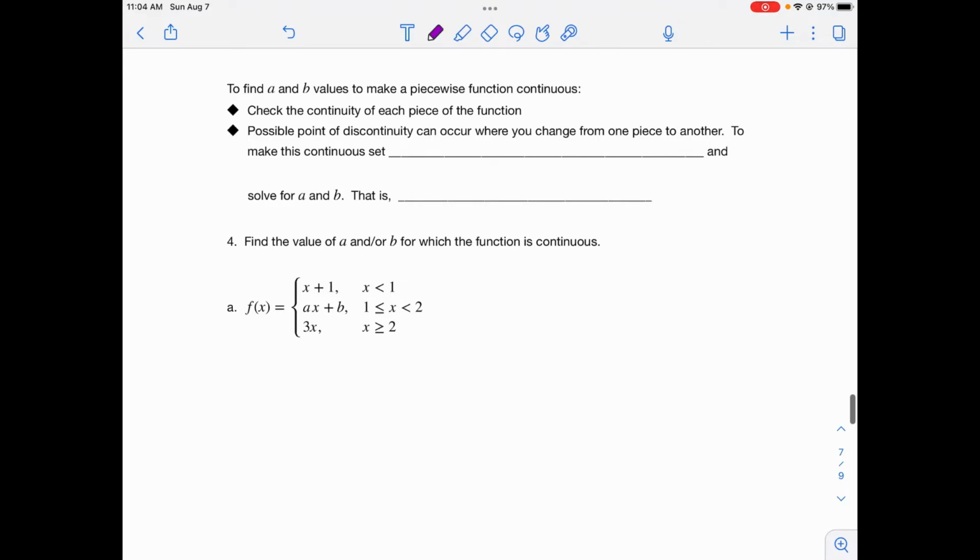In order to make it continuous, we're going to have to set our left-hand limit equal to our right-hand limit. Basically, we'll be solving the limit as x approaches a from the left of f of x, setting it equal to the limit as x approaches a from the right of f of x, and then solving for a and b.